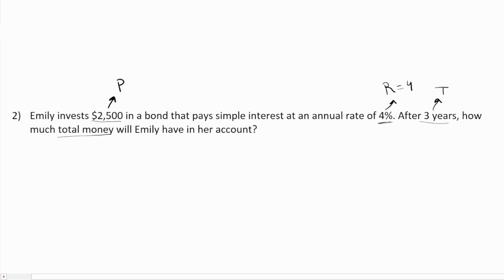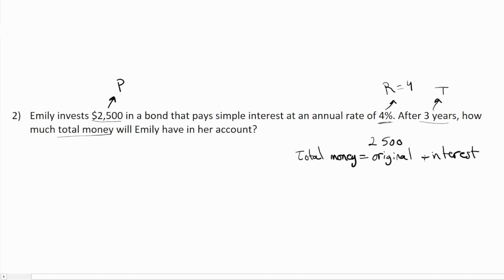Well, I know that the total money is equal to the original amount, which I know, by the way. It's 2,500 plus the interest received. And this is what I don't know. I don't know the interest.